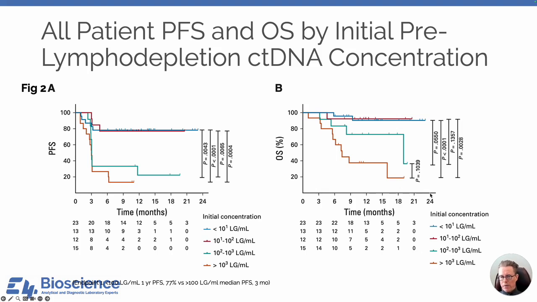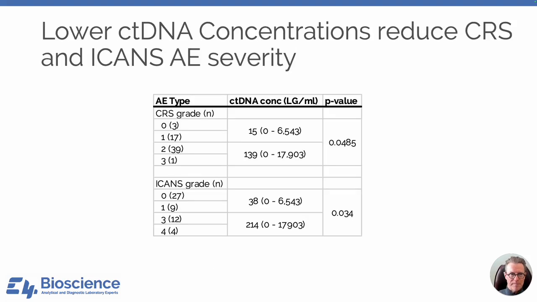And this is going out almost a couple years. But it's a very important takeaway here that the lower your residual disease, or the lower the count of disease before you start lymphodepletion, that is going to lead to better survival and better progression-free survival. That's probably intuitive, but here's the data to prove it.